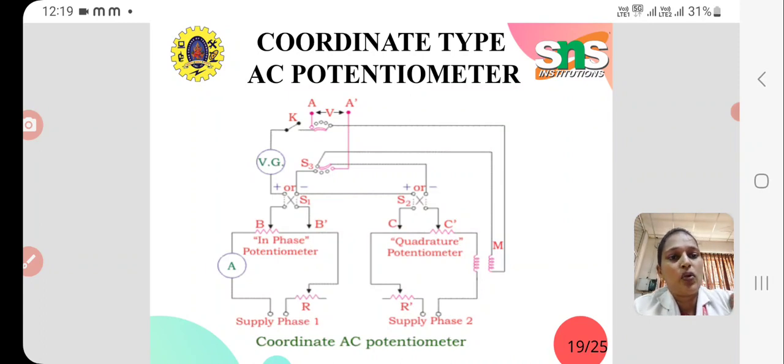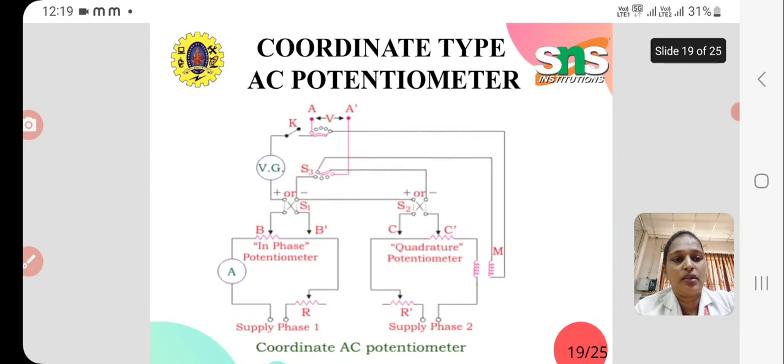In a coordinate type AC potentiometer, we have two potentiometers in a single circuit. The first one is the in phase potentiometer, which is used to measure the real part of the unknown EMF, or the in phase voltage of the unknown EMF.